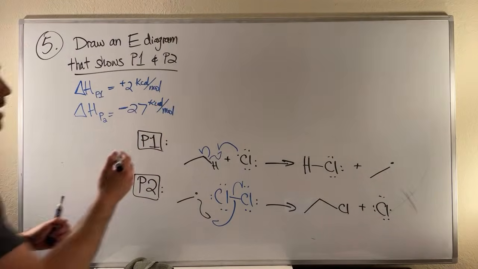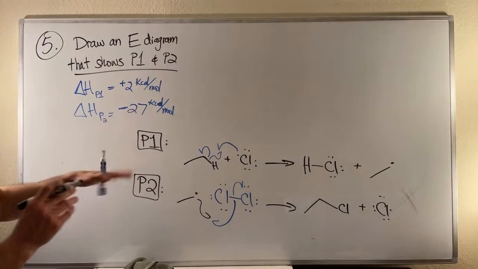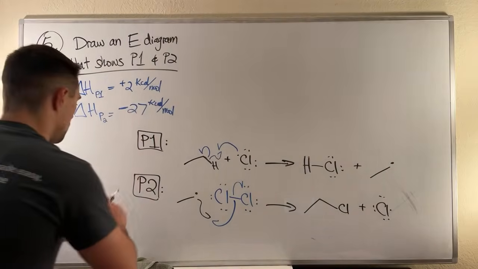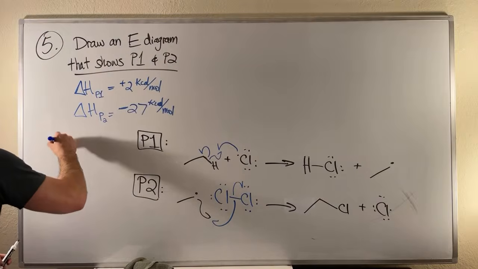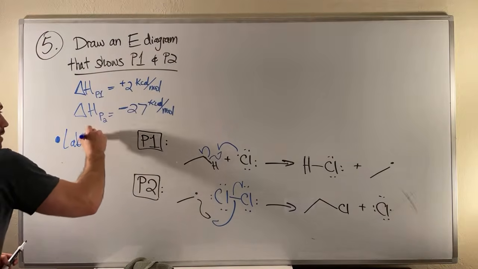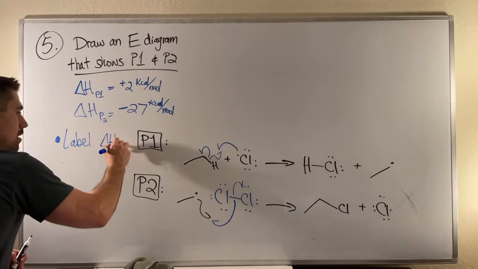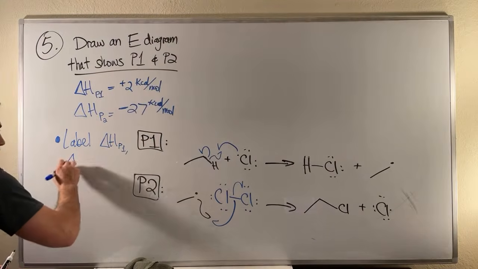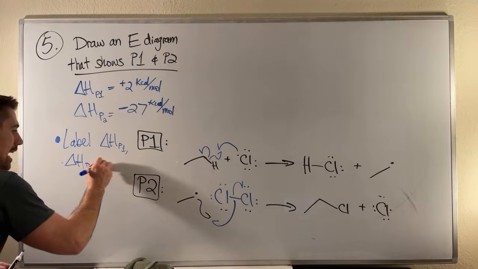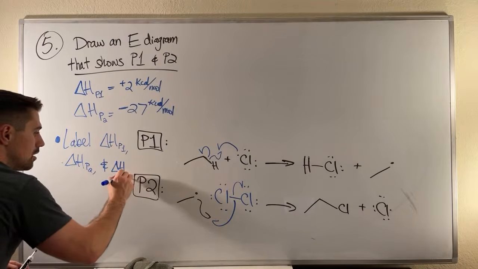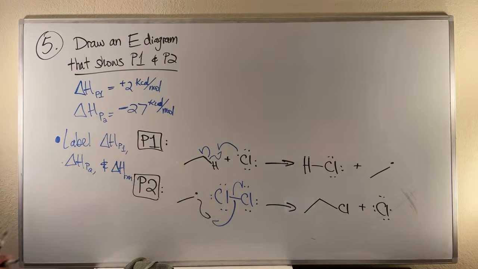So, the things we need to do: label delta H P1, delta H P2, and delta H of the overall reaction.